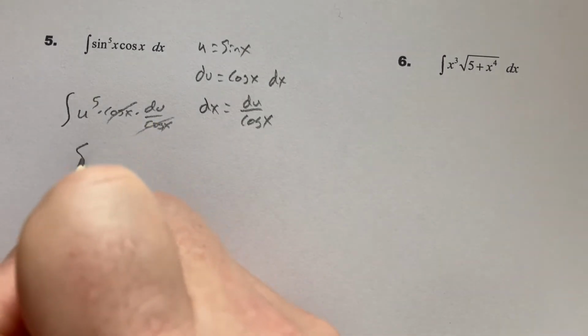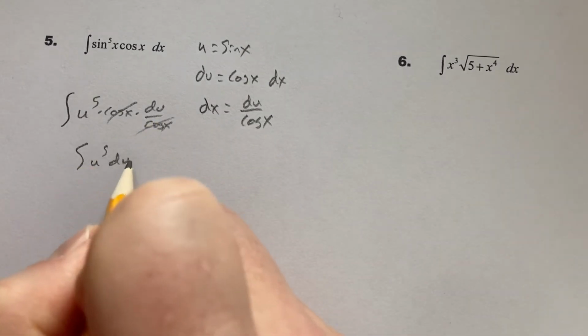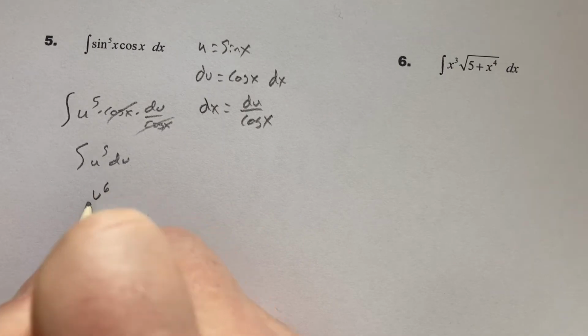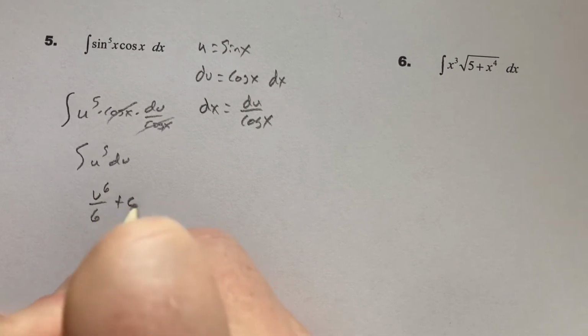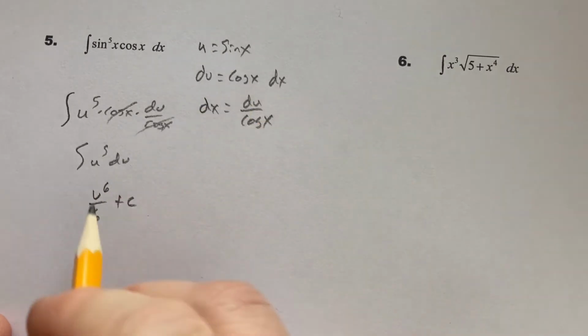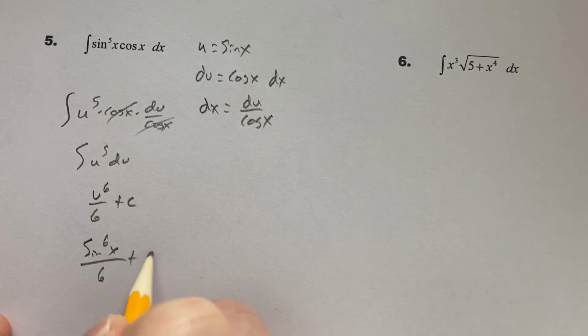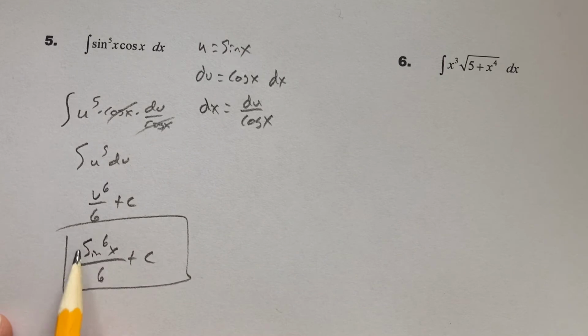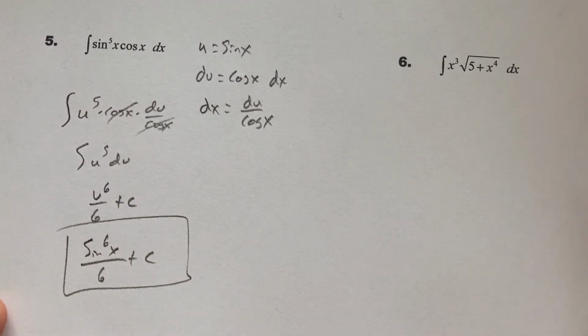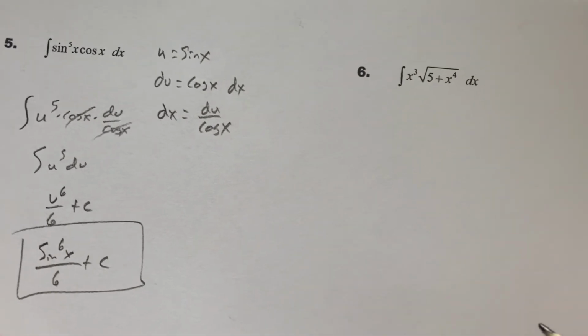All right, and so I get the integral of u to the 5th du, which goes up to u to the 6 over 6 plus c. Put the sine back in, we'll get sine to the 6th power over 6 plus c. Or you can make that 1/6 sine x to the 6 or whatever you want to do. But that would be our answer there.